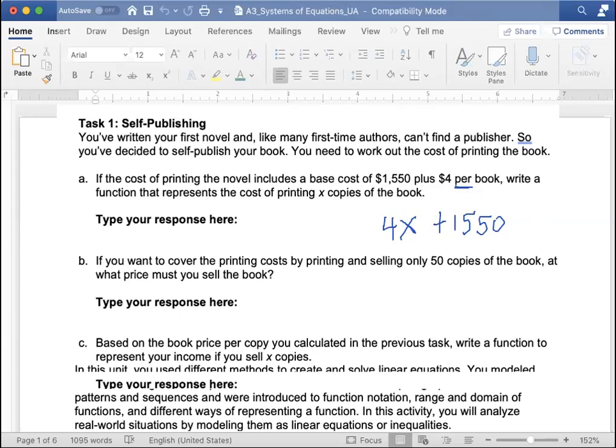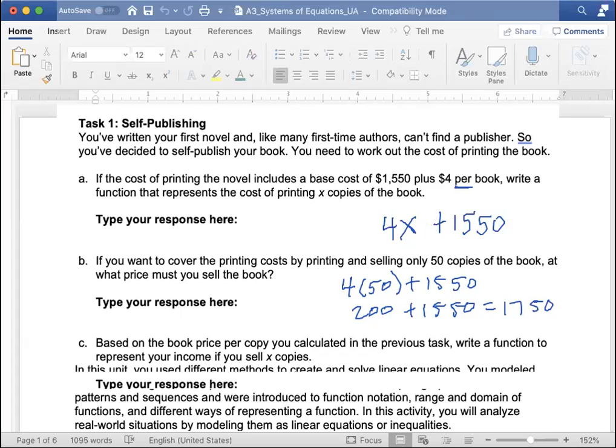Okay, part B. If you want to cover the printing cost by printing and selling only 50 copies of the book, at what price must you sell the book? So if you're only selling 50 books, you're going to plug 50 into your function for books plus 15.50, and 4 times 50 is 200 plus 15.50, and that's going to equal 215.50.